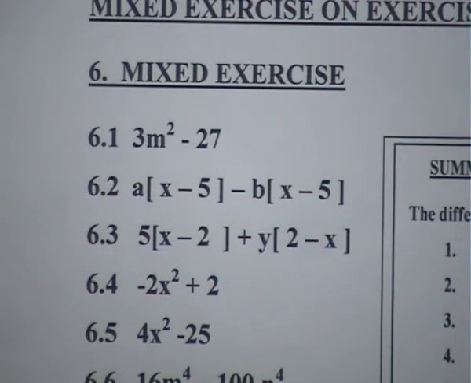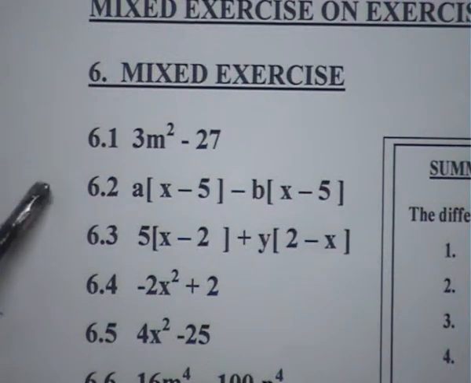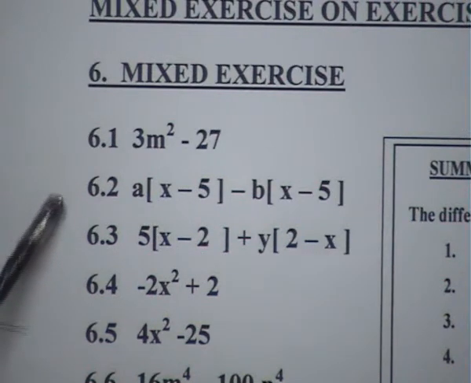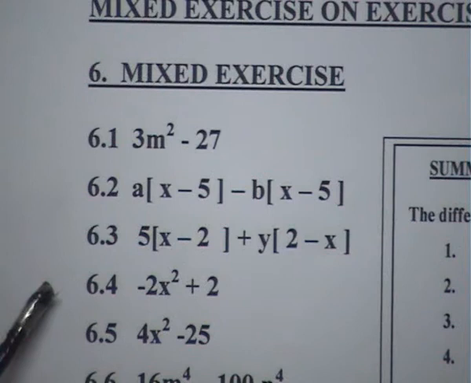Now I'm not going to give you the answers for these. I want you to try them, but I'm going to give you tips. If you look at 6.1, firstly it's got a common factor. Then after that it'll be a difference of 2 squares. 6.2, it's got a common factor. 6.3, it's got a common factor inverse type. 6.4, it is far better for you to take out minus 2 as a common factor.